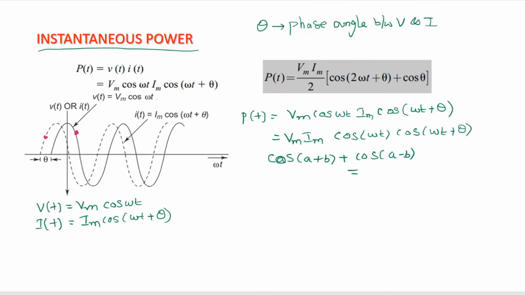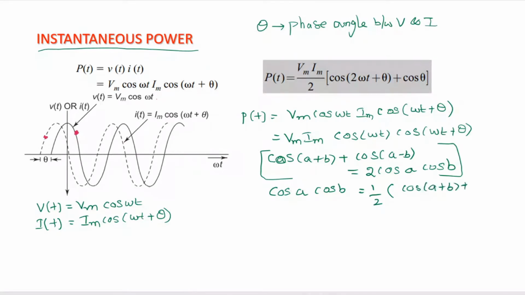Cos A plus B plus cos A minus B is 2 cos A cos B. I am using this formula. So cos A cos B is equal to 1 by 2 into cos A plus B plus cos A minus B.